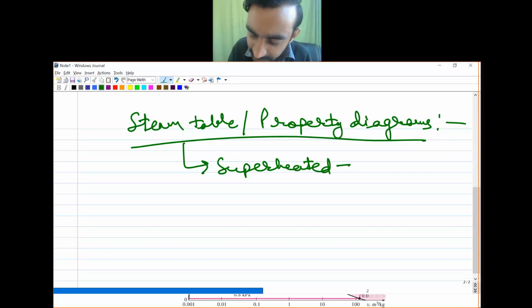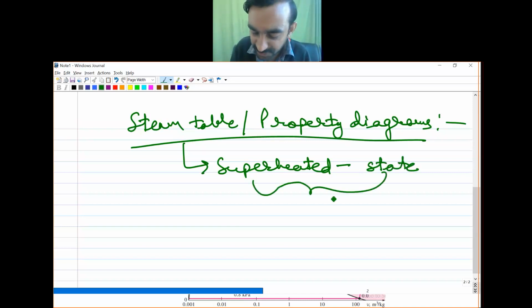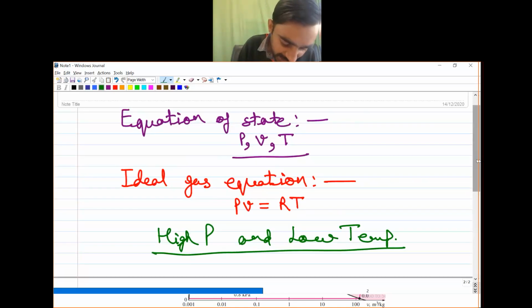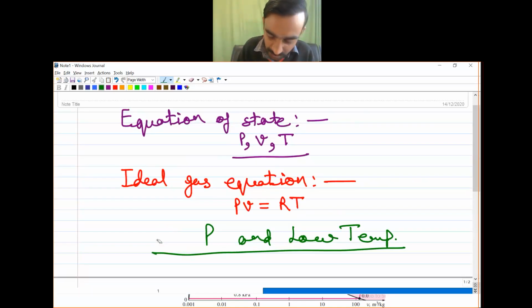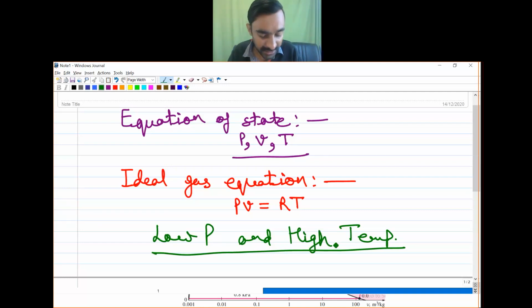Previously I wrote the condition of ideal gas wrongly, so it should be low pressure and high temperature. I mistakenly wrote it wrong. So under the assumption of low pressure and high temperature, our gas behaves as an ideal gas.